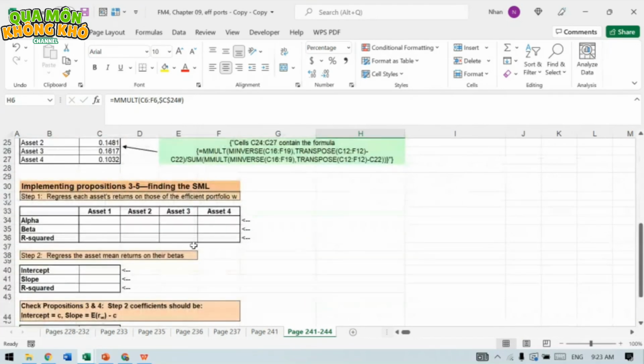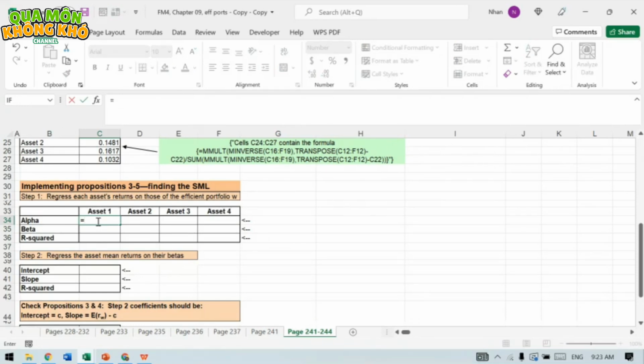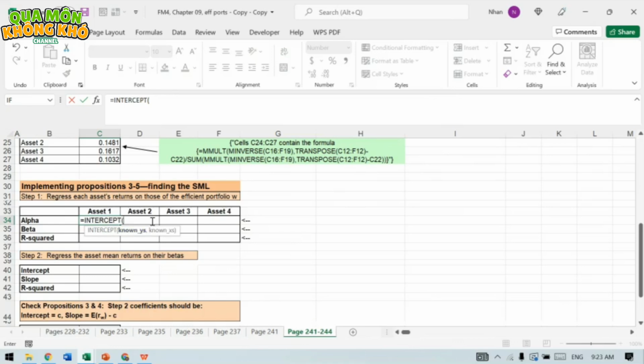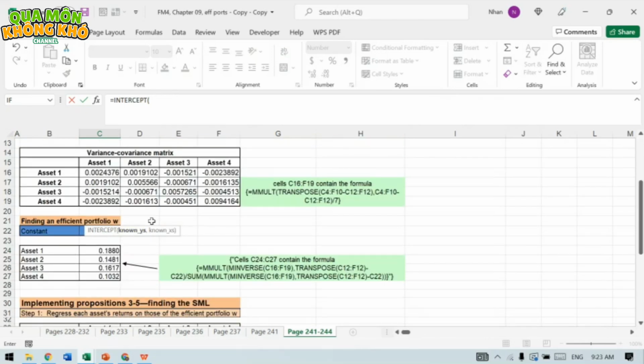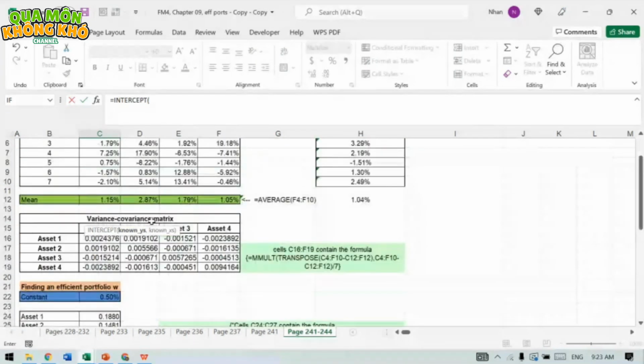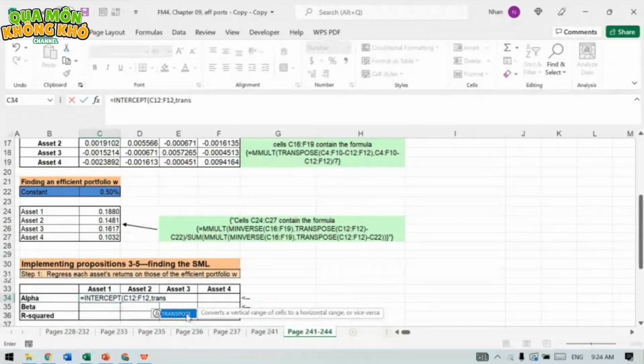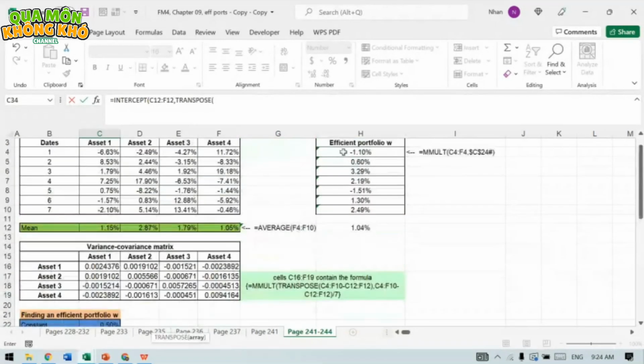And then I will regress each asset returns on those of the efficient portfolio. So for the alpha, I will use the intercept, asset return on those asset return and transpose of this.